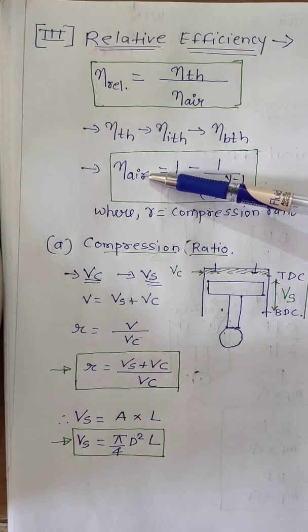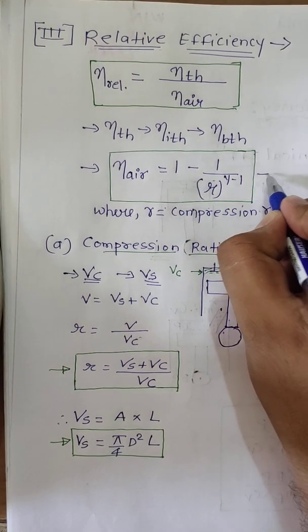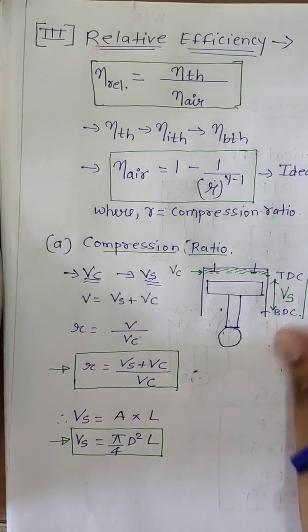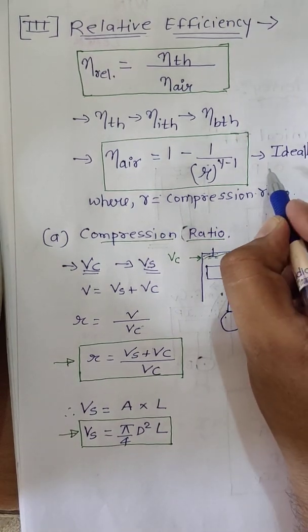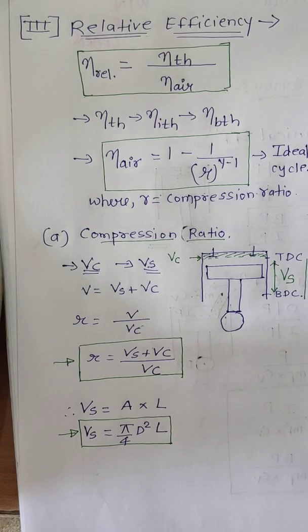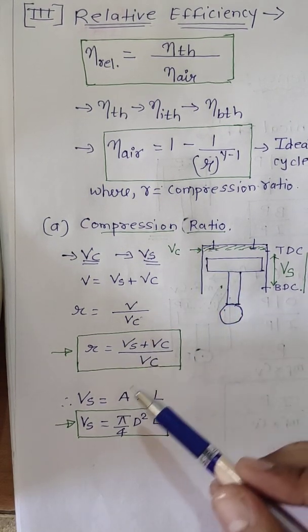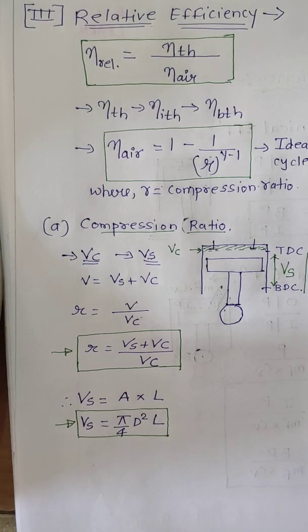Air standard efficiency deals with your ideal cycle. Okay. Then we had seen compression ratio: Vs plus Vc upon Vc, where Vs equal to pi by 4 d square into L.